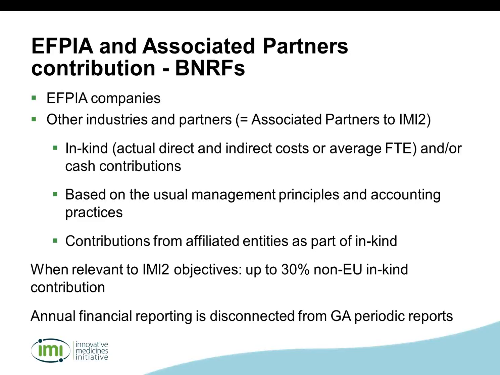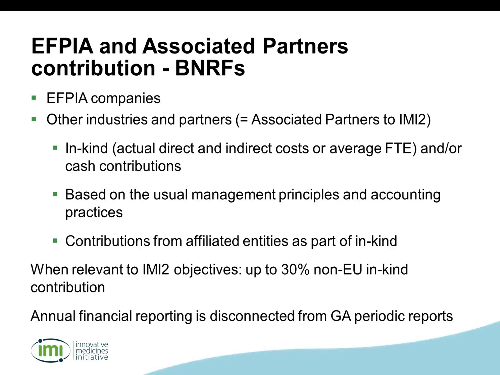However, at program level, there is an overall ceiling. The non-EU in-kind contribution cannot be above 30% of the total in-kind contribution allocated at program level under the whole IMI2 GU project. And another element is that this non-EU in-kind contribution should be justified and in line with the IMI objectives.